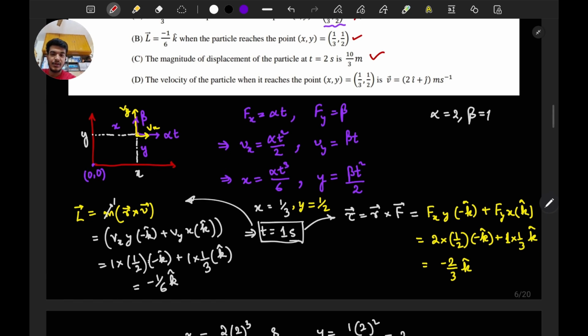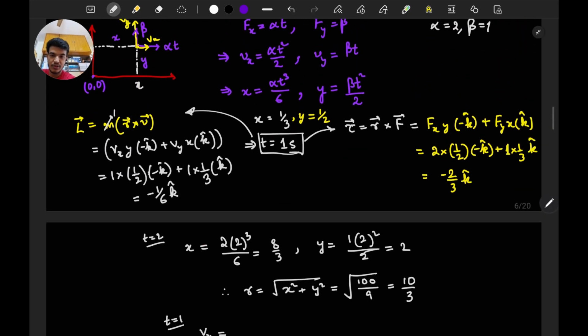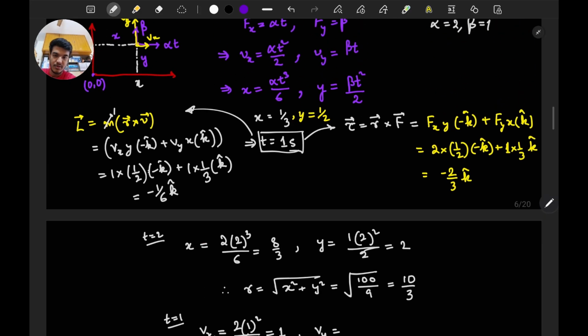And now the velocity of the particle when it reaches the point x comma y, which is the same point we've been given. So we just need to find vx and vy, right? This was for t equal to 1 and that was for t equal to 2. So vx, we have the function of vx, which is alpha t square by 2. So 2 times 1 square by 2, which is 1, and vy is beta t.